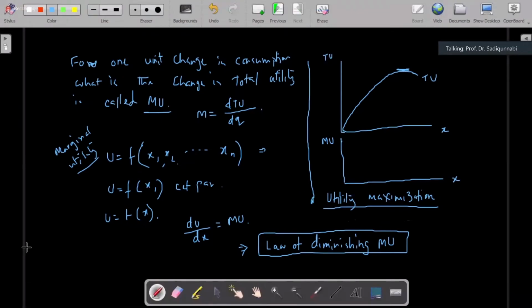Have you done calculus or optimization? Do you know what is the rule for optimization or utility maximization? What is the rule for any function? Sir, the first derivative is 0 and the second derivative is negative.